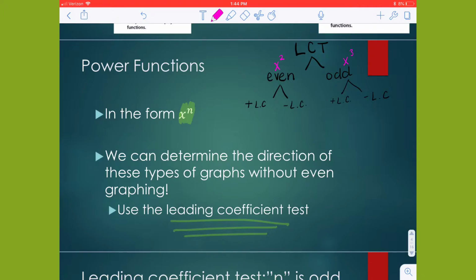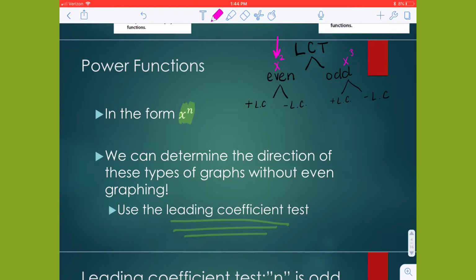So whether I'm talking x to the 4th, x to the 6th, x to the 8th, x to the 10th, x to the 100th, I may not know about that specific graph, but this column right here is going to help tell me about its end behavior just because the degree is even.